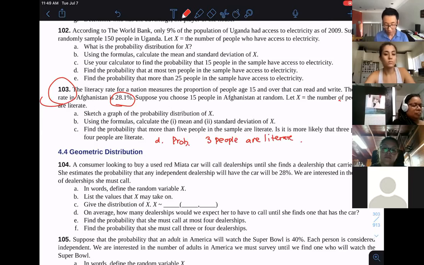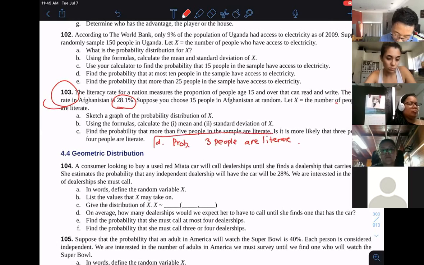So that means I'm asking 15 people, raise your hand if you can read, you're literate. I want to see the probability that 3 people will raise their hand, right? It could be 5, it could be 2, I don't know. But I want to say it's 3.